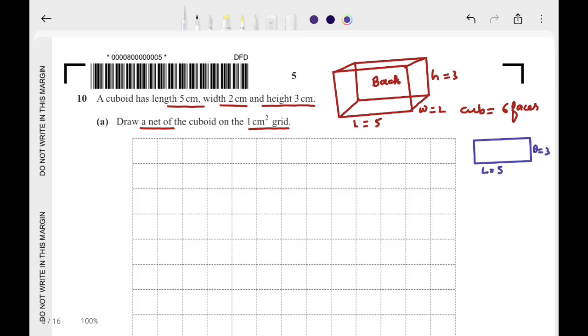So let me draw this first. 1, 2, 3, 4 and 5. Then breadth is 3, 1, 2 and 3, 1, 2 and 3 again, and 1, 2, 3, 4 and 5. Now this is the back rectangle, 5 and 3.